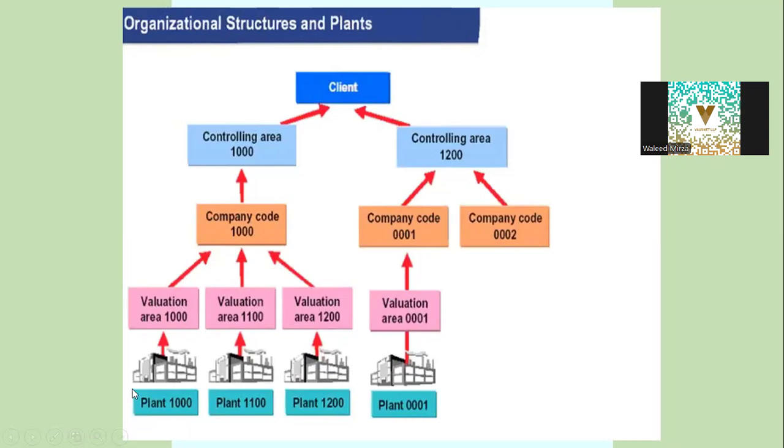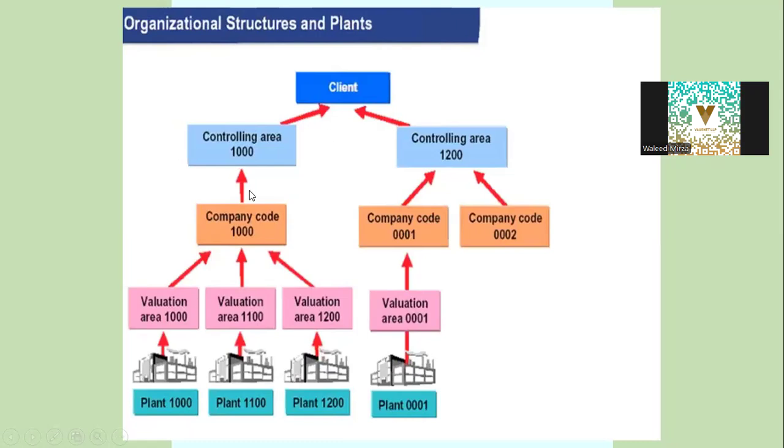Okay, same is the case with here. And sometimes we have company codes that are different on the basis of some conditions. We'll discuss that later. So based on that, a company code is an operational unit which publishes its own books, and a controlling area manages multiple company codes.